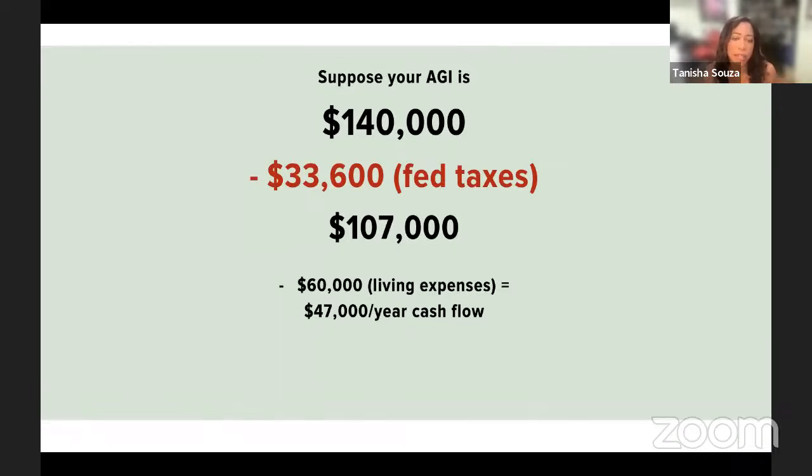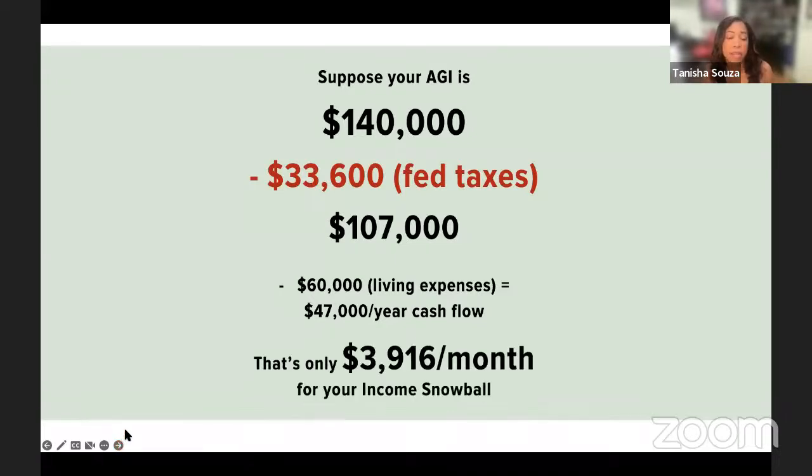So that's a $47,000 a year cash flow, which is about $3,916 a month that you could use for your income snowball. So if you were using this system, using my calculator, having somebody walk you through on a regular basis to make sure you're doing everything right, a coach, you would be only able to put in $3,916 a month from your cash flow if you used all your cash flow into your snowball.